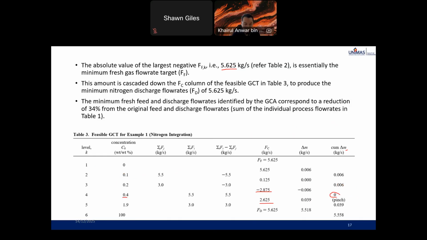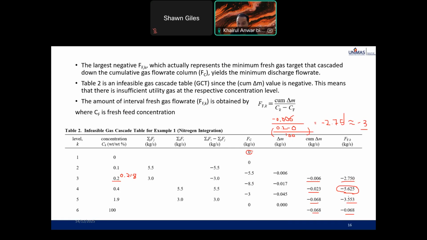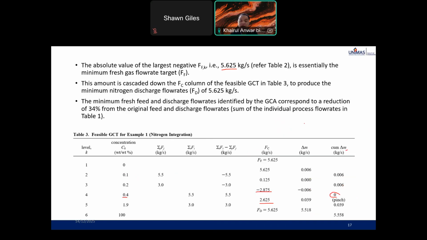Okay, continue. The absolute value of the largest negative FFK is 5.625. This value, 5.625, is actually the minimum fresh gas flow rate target FF. So, referring back to the method, we start with 0. Next we use the largest negative value as the fresh feed.